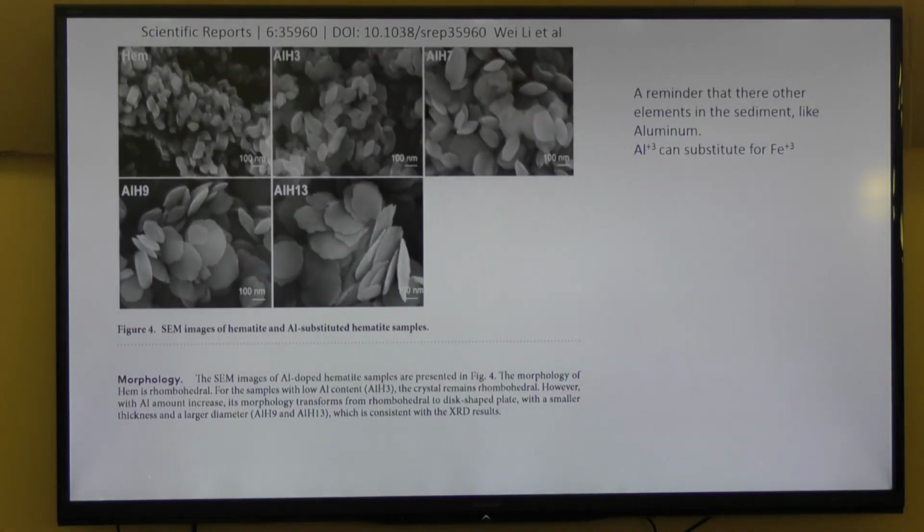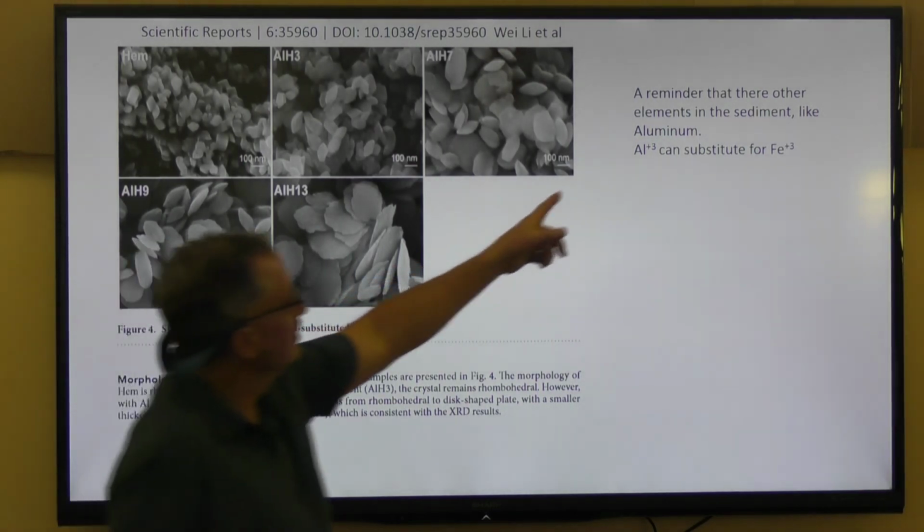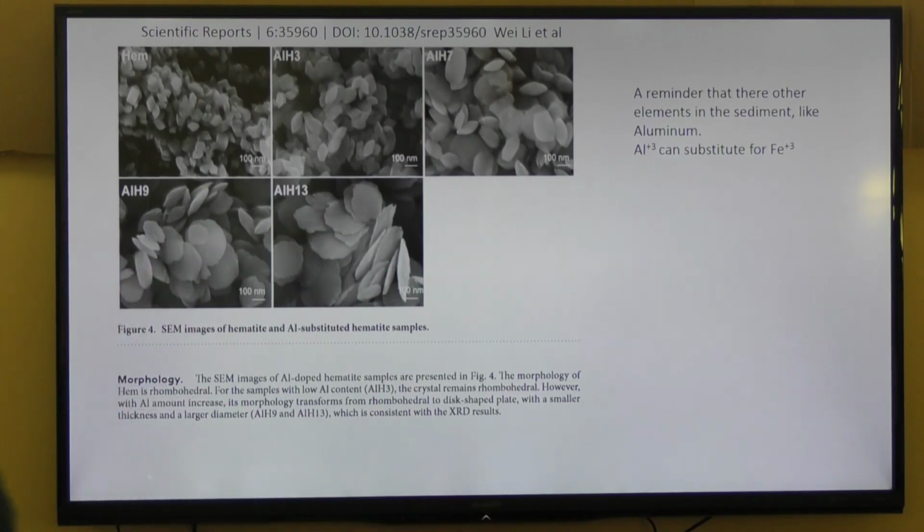Okay. This slide is a warning to me that there's lots of other things out there besides iron, especially aluminum. Remember, aluminum was number 3 or 4. Aluminum typically is +3, so it can substitute for iron 3.